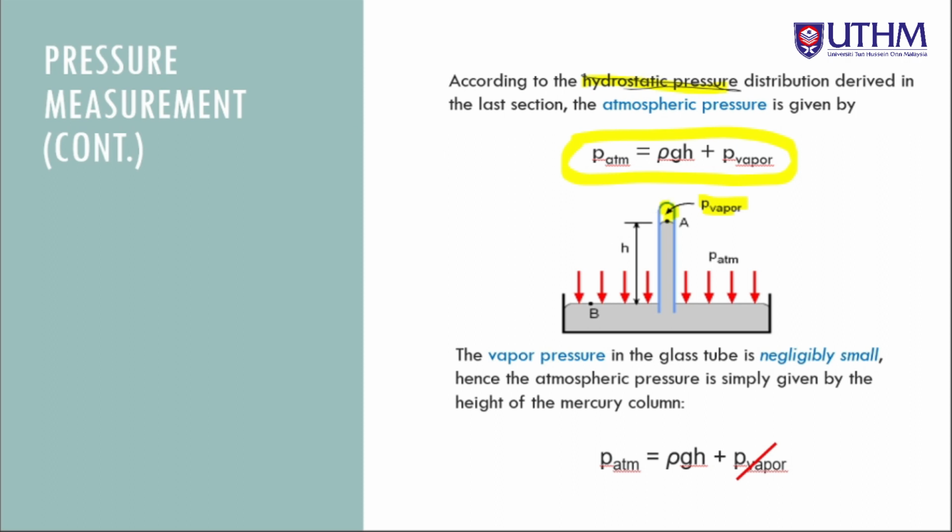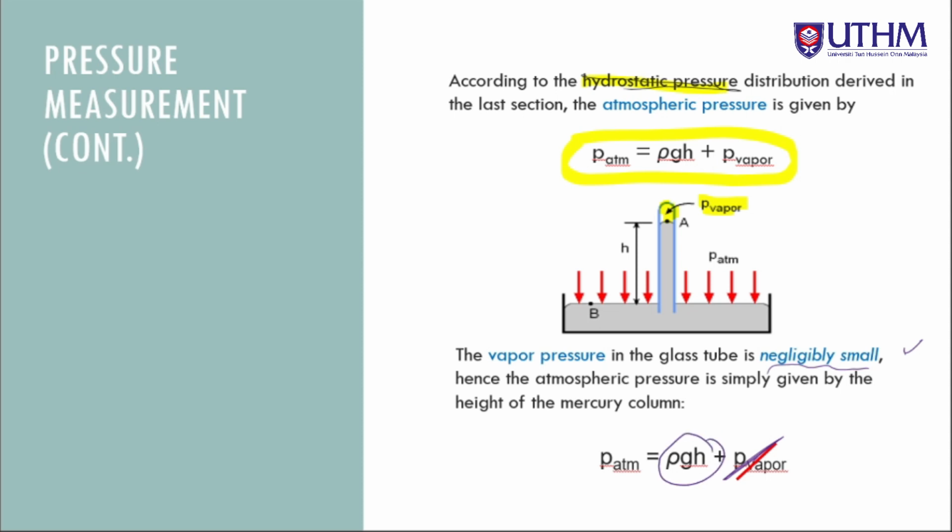However, usually the vapor pressure can be considered negligibly small, and thus kita boleh ignore the vapor pressure, and thus the atmospheric pressure can be solely referred to rho GH.